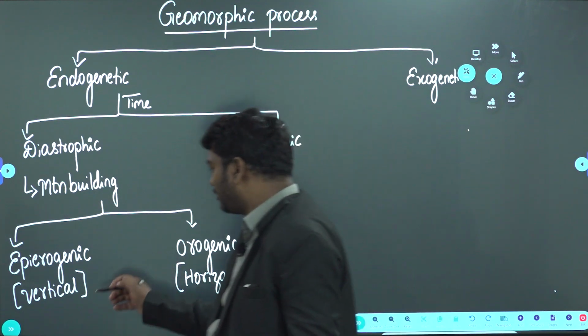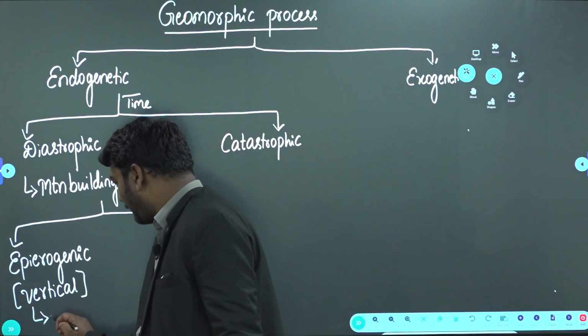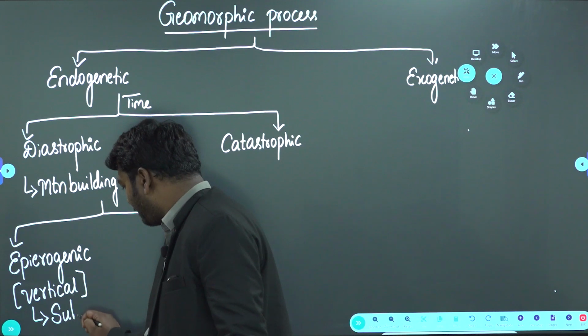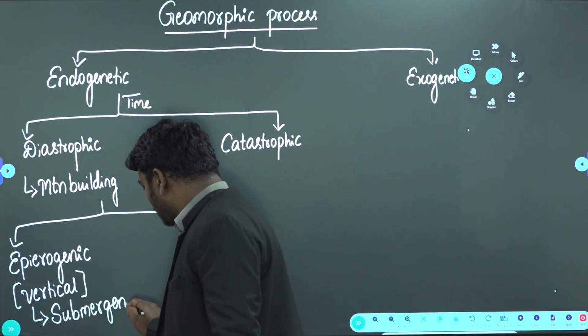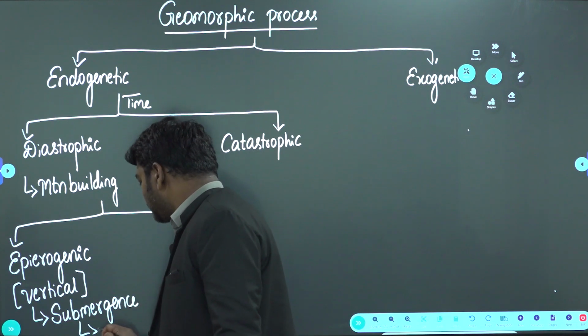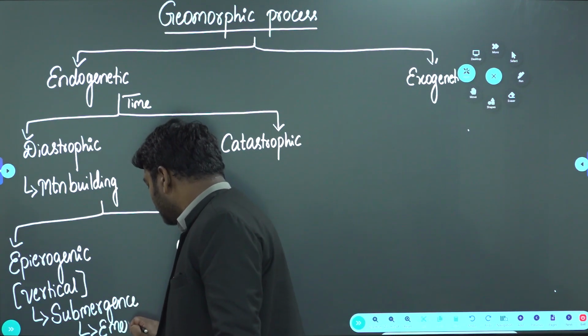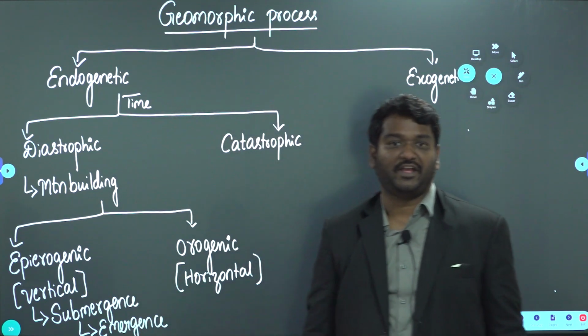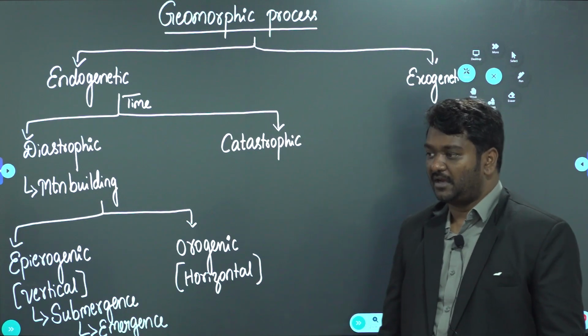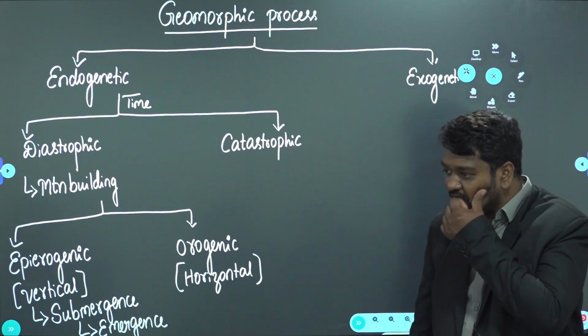What is the example of epeirogenic? Submergence, emergence. Submergence and emergence come under epeirogenic.